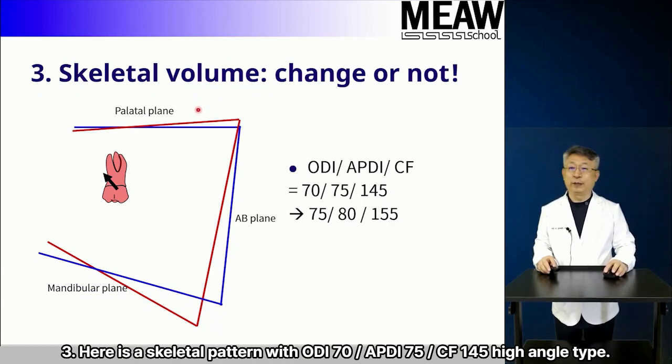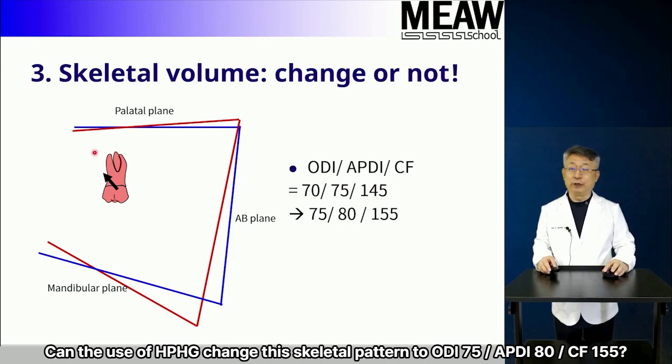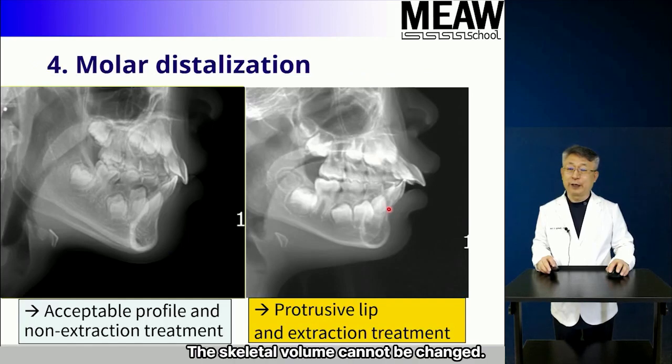Here is a skeletal pattern with ODI 70, APDI 75, CF 145, high angle type. Can the use of HPHG change this skeletal pattern to ODI 75, APDI 80, CF 155? The skeletal volume cannot be changed.